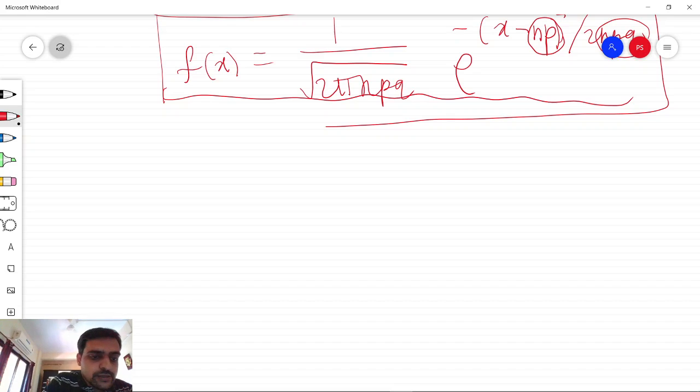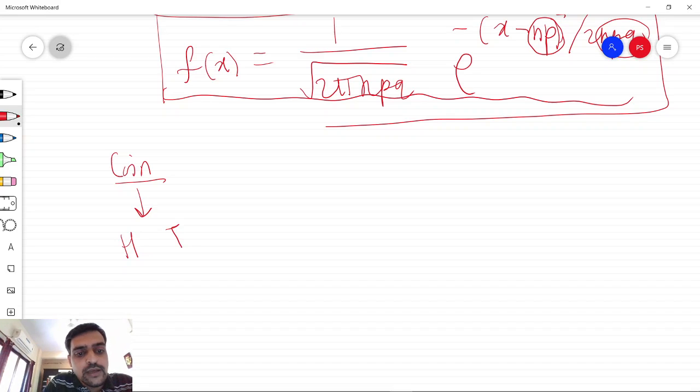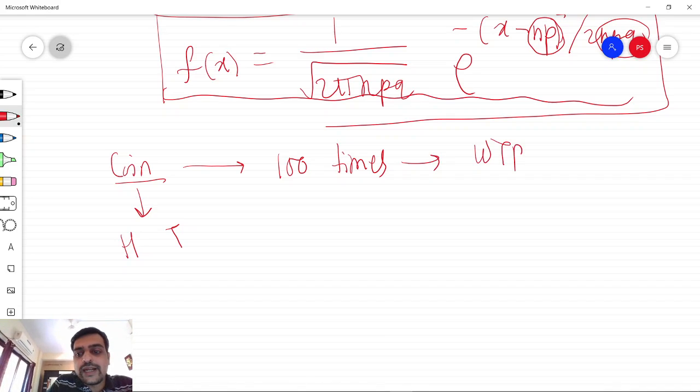Suppose there is a coin. As we know, there are only two possible events, either a head or a tail. Now if a coin is tossed 100 times, and we are asked to find out the probability that we get exactly 52 heads.